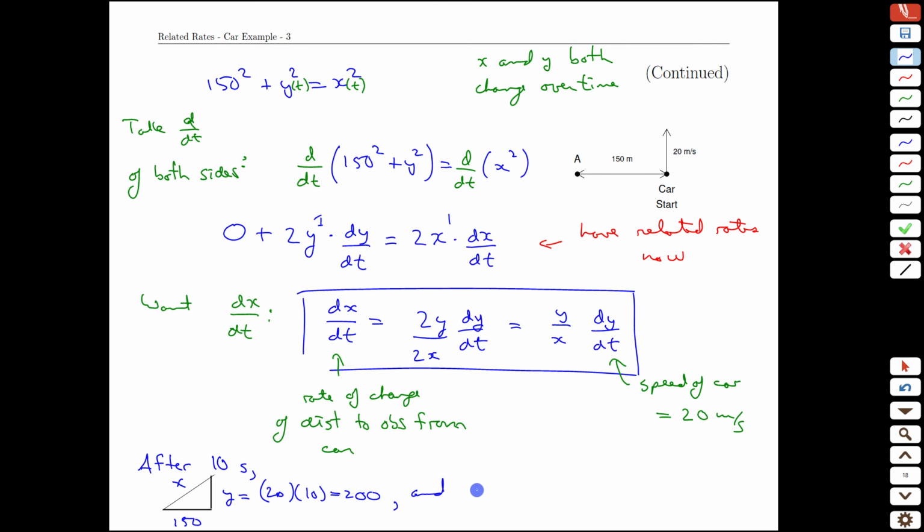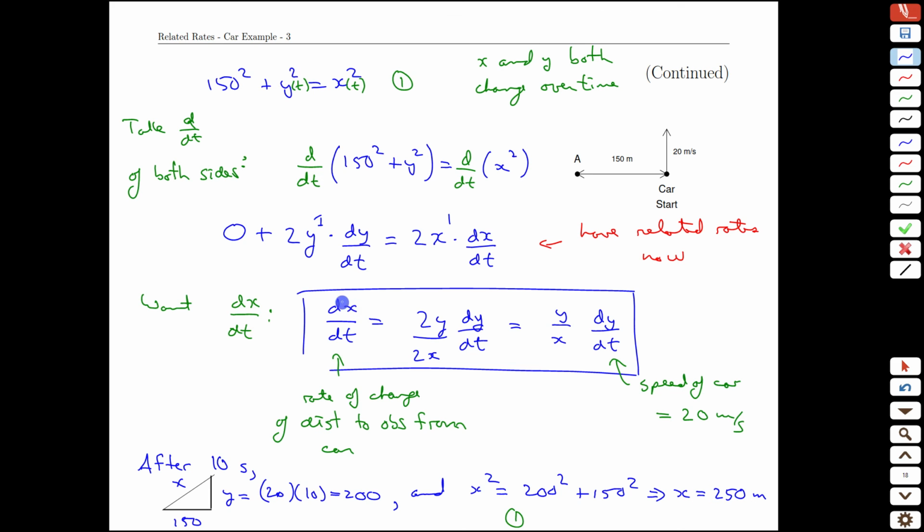And so we get x squared is 200 squared plus 150 squared. Let's call that 1. And that leads to, with a bit of calculator work, exactly 250 meters. Goes with a 3, 4, 5 triangle if you're wondering why we got such a nice round number.